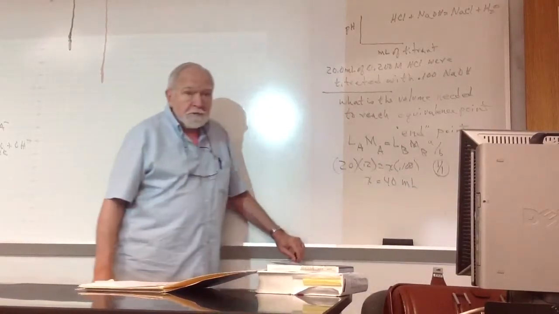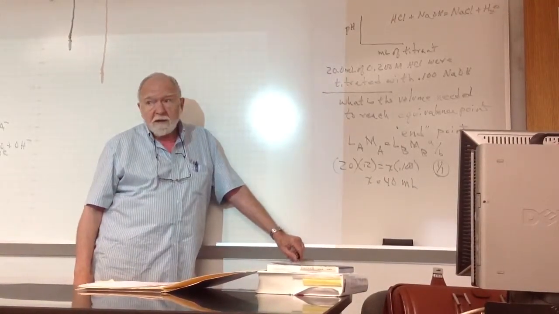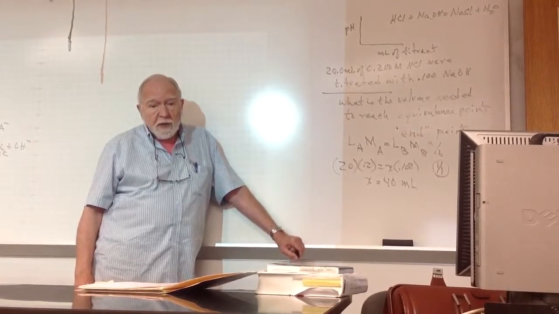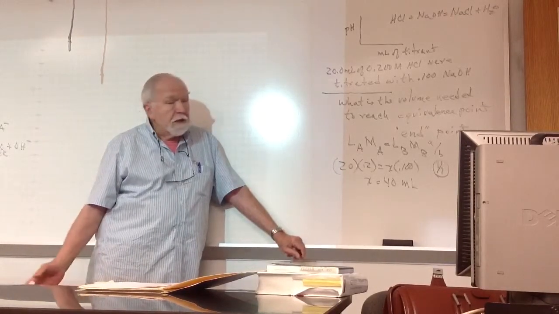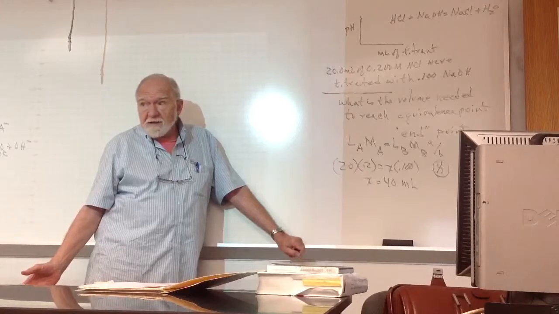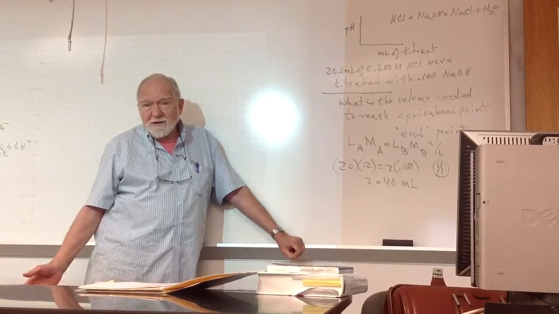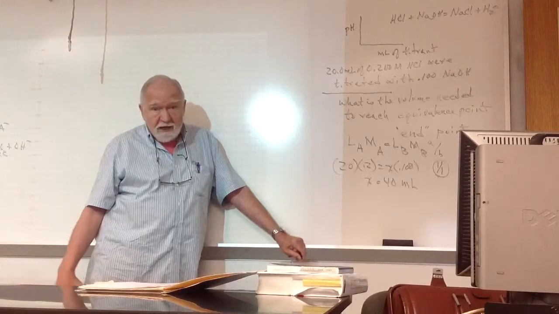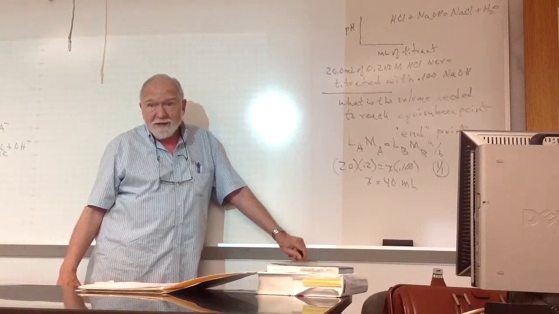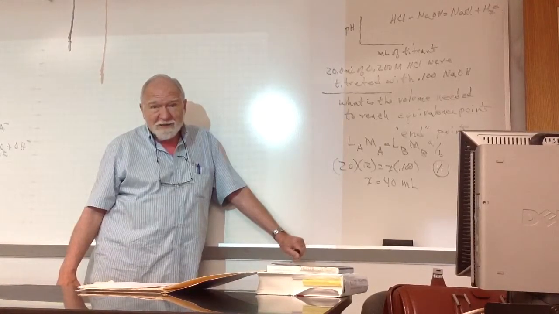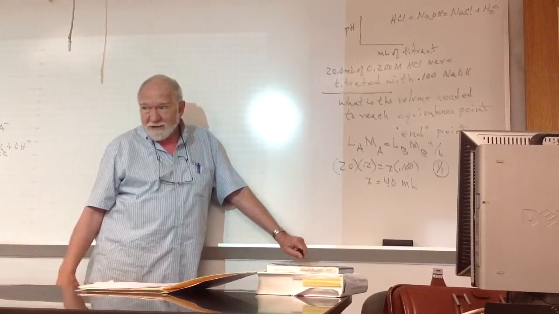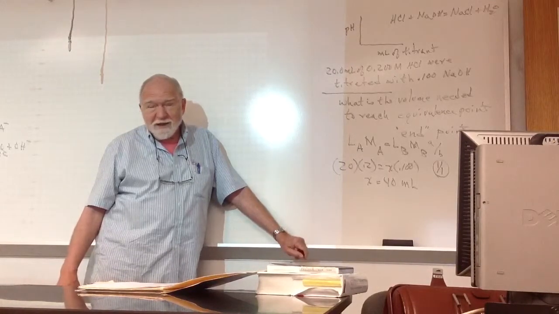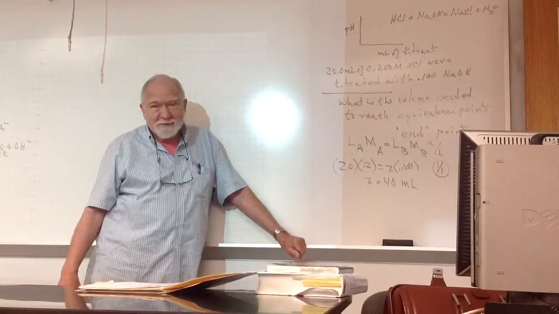So that's the equivalence point. And you know at the equivalence point, how much HCl do you have? None. You've used it all up. You have no sodium hydroxide. You've used it all up. The only thing you have is sodium chloride solution. And you already know the pH of a sodium chloride solution.